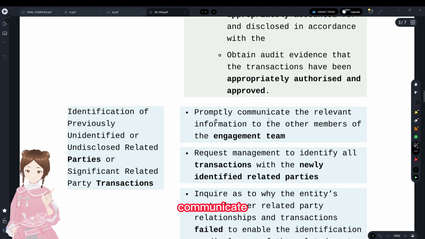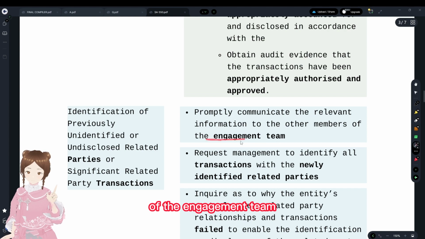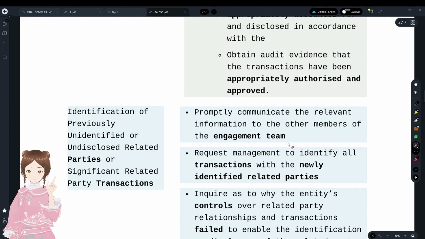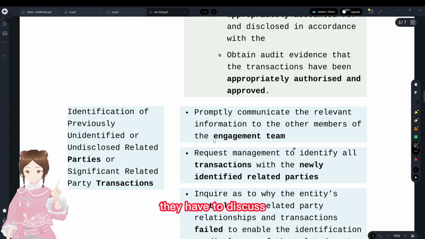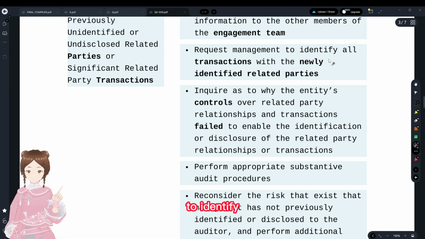They have to promptly communicate the relevant information to the other members of the engagement team, the partners. Since it's a significant matter, they have to discuss it with the engagement team and request management to identify all transactions with this newly identified related party.